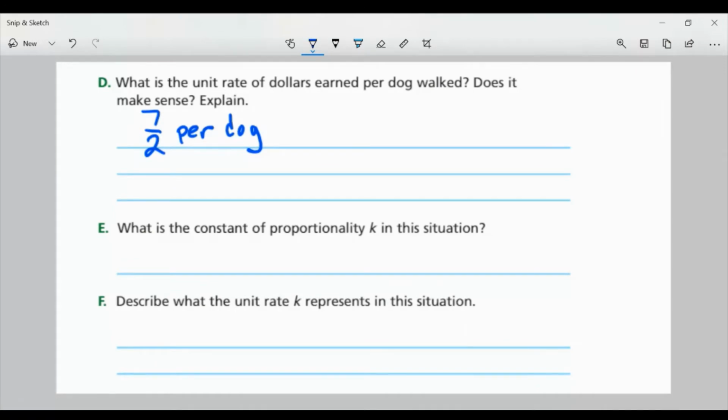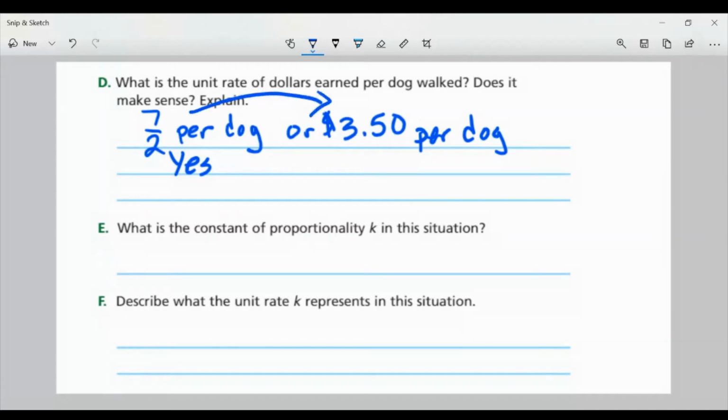Well, $7/2 is the same as saying, or, it's the same as saying $3.50 per dog, right? So does that make sense? Yes, it does make sense, right? Because we can use fractions for money because we can represent it as a decimal, just like we did here. For 7/2, it's the same as $3.50, right? 7/2 of a dollar. So we can represent it as that.